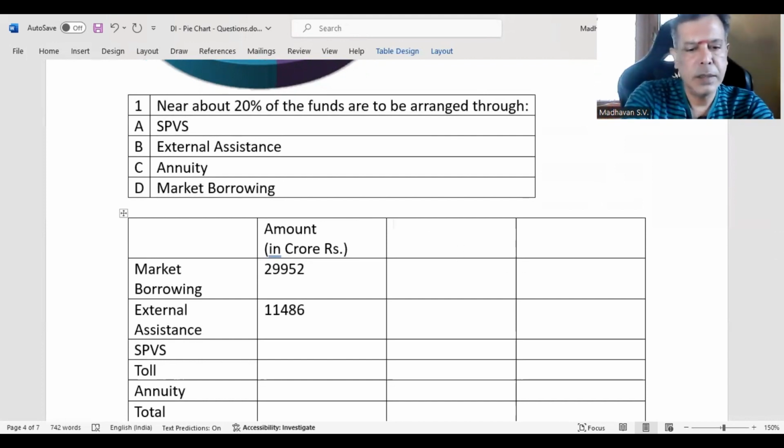Here we will write percentage contribution. We will also understand the angle in degrees.